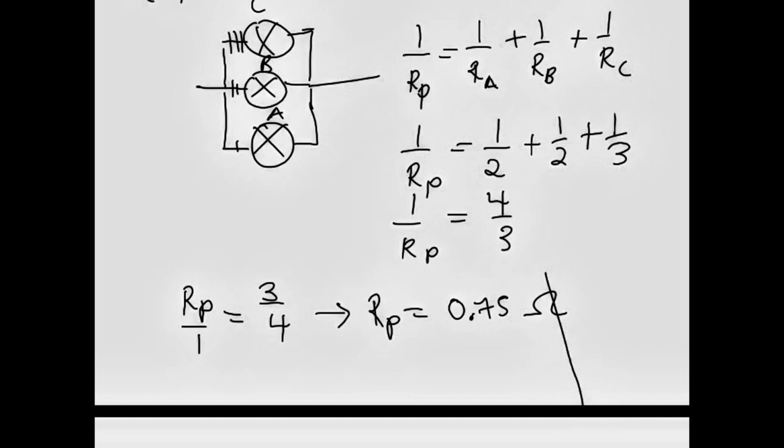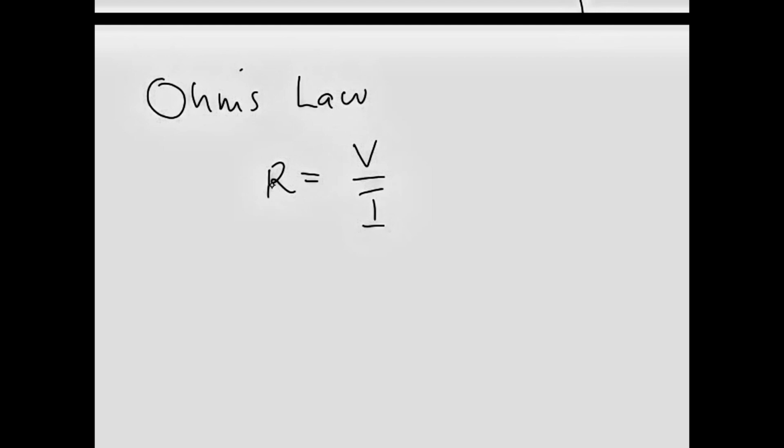So if the total resistance has decreased, what would happen to the current? There's an expression by Ohm's law, and it's something like this. This expression literally tells us that R, the resistance, equals the potential difference V divided by the current. Because V is in the numerator and the current is in the denominator, it means they are inversely proportional, right?